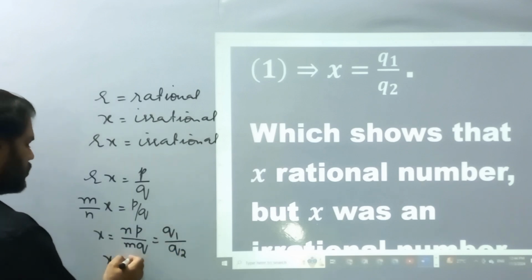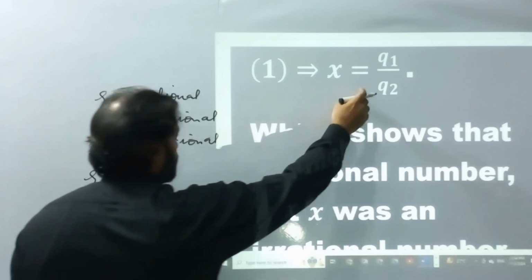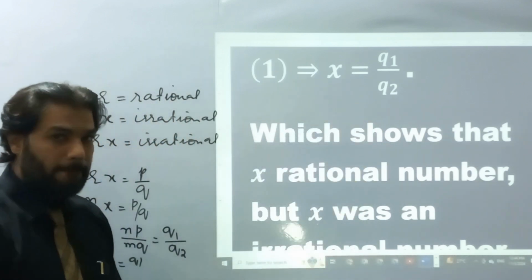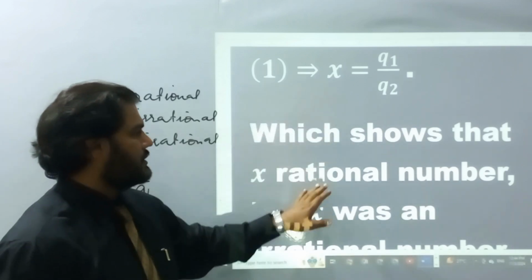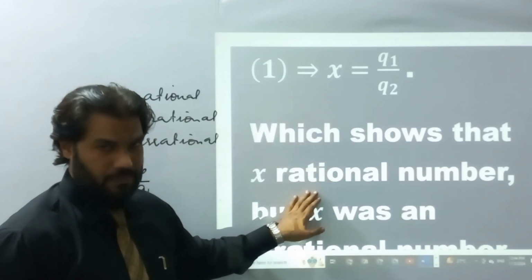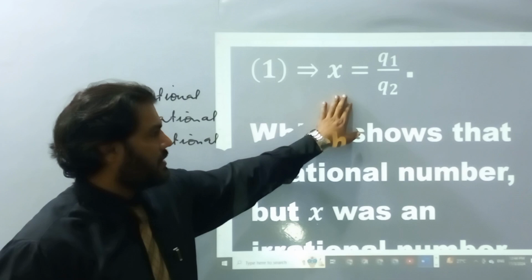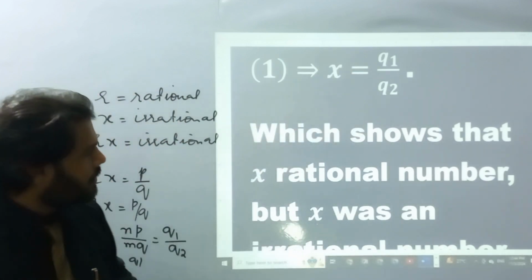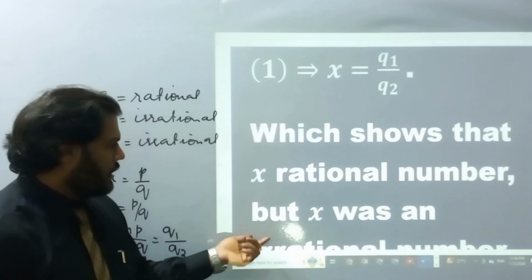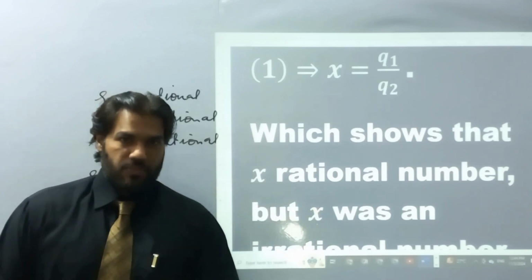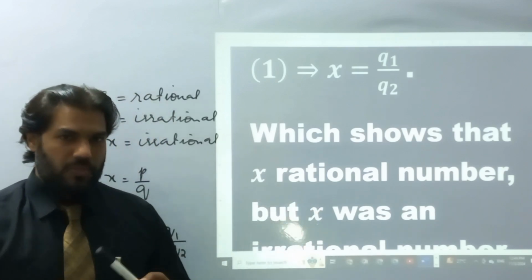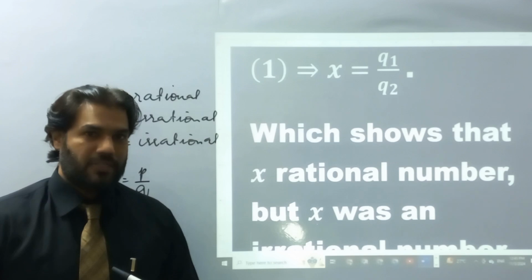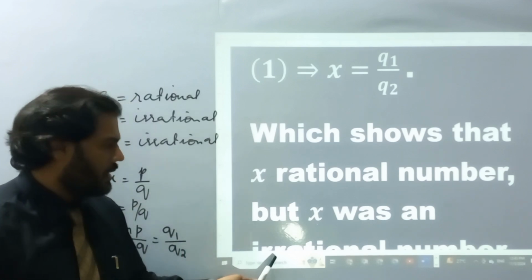Our x, that was NP over MQ, will become Q1 over Q2, which shows that x is a rational number, because this is a quotient of two integers where Q2 is non-zero. But at the start we supposed that x was an irrational number.